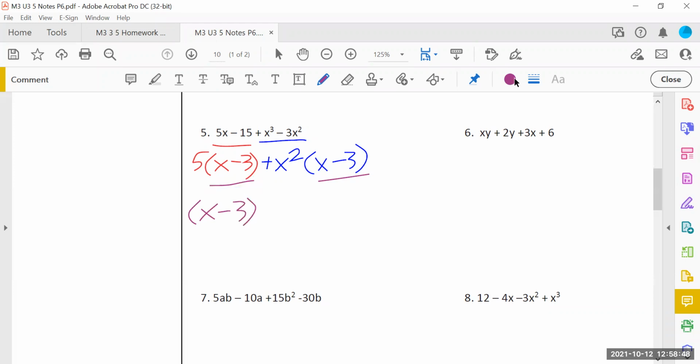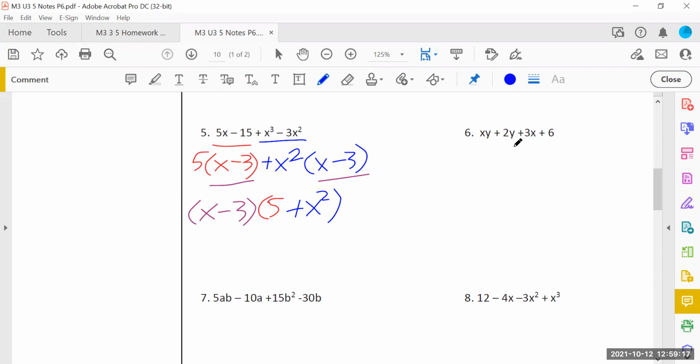And then again, whatever's left over, we had a 5 times the x minus 3. And we had an x squared times the x minus 3. Now, that 5 plus x squared, does that factor? No, it's not a difference of squares, right? I could get answers from it, but it's not going to factor.